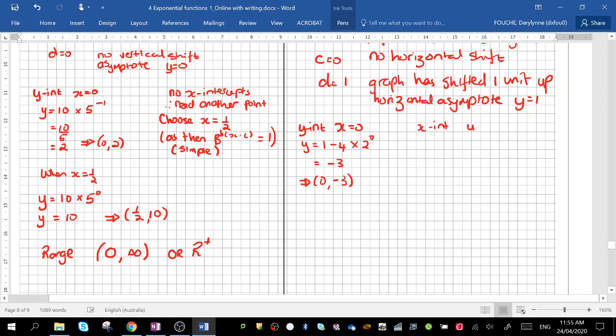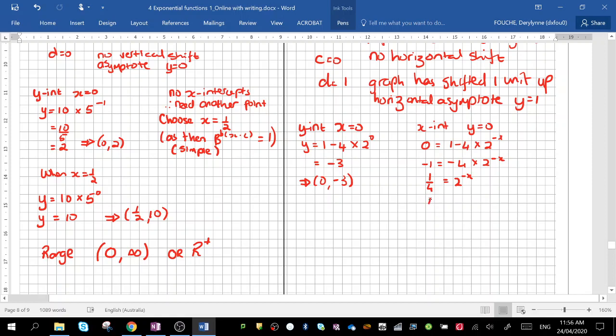My x-intercept happens when y equals 0, and that means I have that 0 equals 1, take 4 times 2 to the negative x. And these are one of the reasons we made you practice all of those exponential equations, because now we have that negative 1 is negative 4 times 2 to the negative x. A quarter is 2 to the negative x.